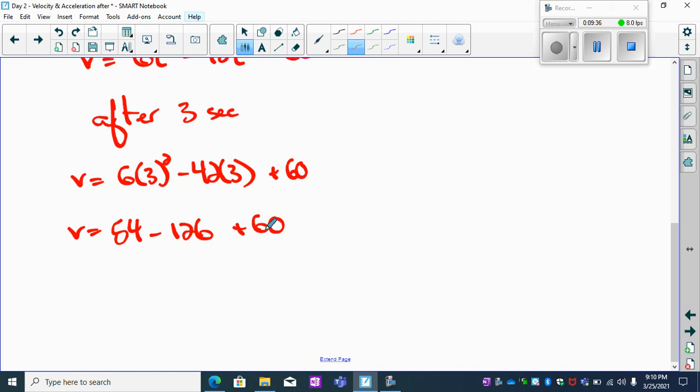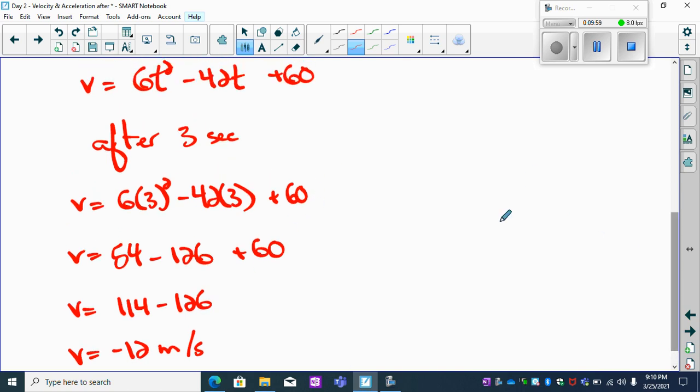Okay, that's 114 minus 126. Okay, v is going to equal negative 12 meters per second. You guys can check that. I think I'm good there. 9, 54, 6, and 60. And it looks good. So that's after 3 seconds.